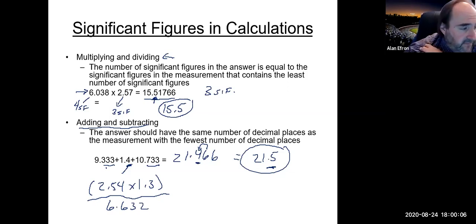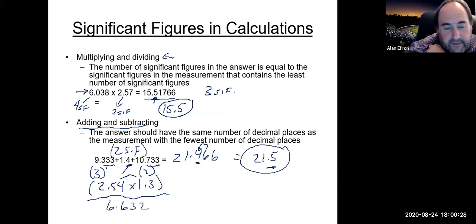In the parentheses first, we're multiplying, which means we are looking at significant figures. Here, this one has 3 significant figures, this one has 2 significant figures, which means when you get that answer up on top, technically you should end up with 2 significant figures.